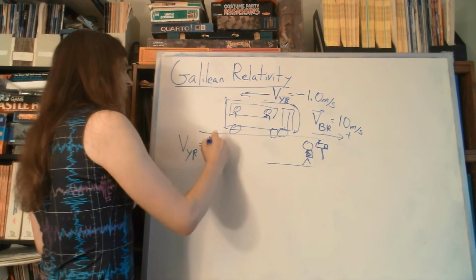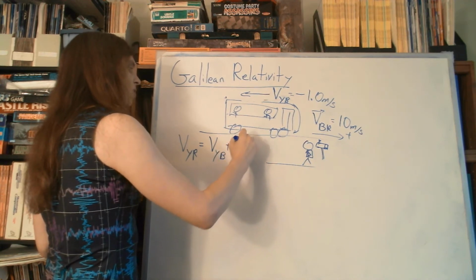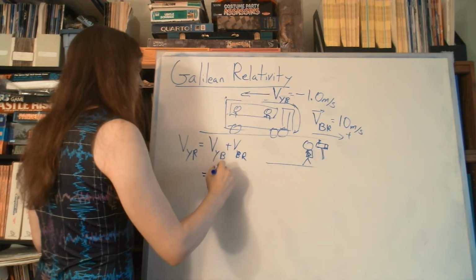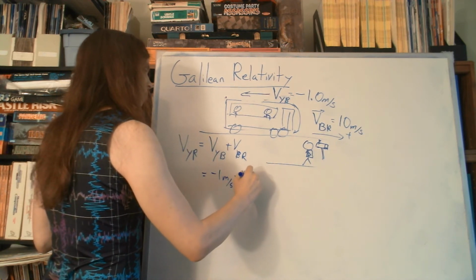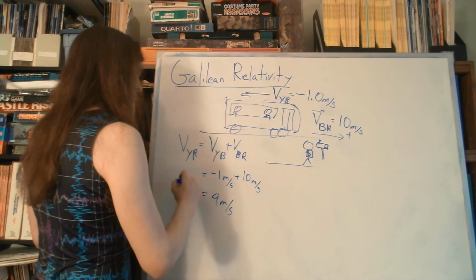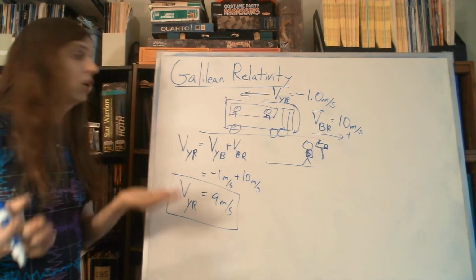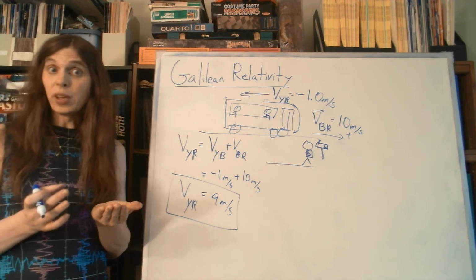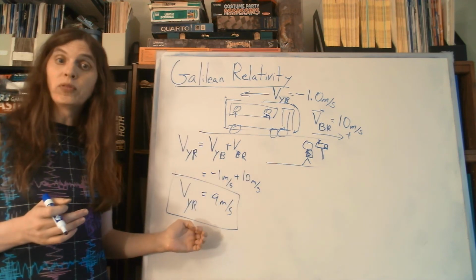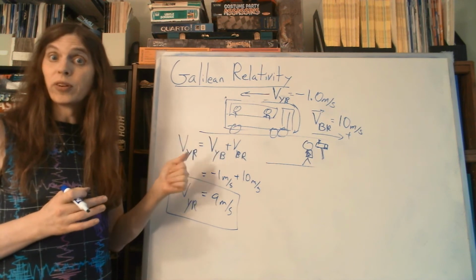And so it's the velocity of u with respect to the bus plus the velocity of the bus with respect to the road. So that's the sort of thing that we have with Galilean relativity. Relative to the road, you're moving at one velocity. Relative to the bus, you're moving at another. These are different frames of reference.